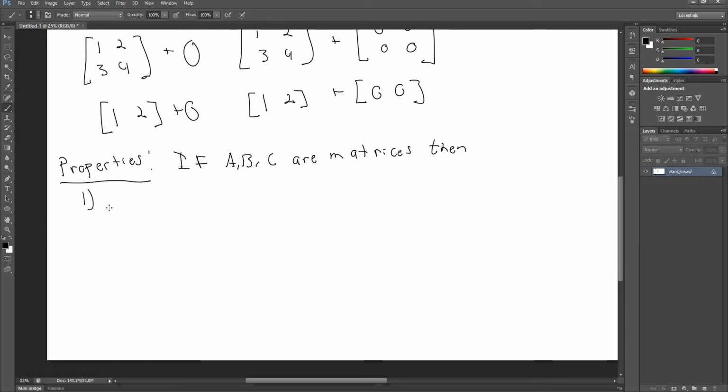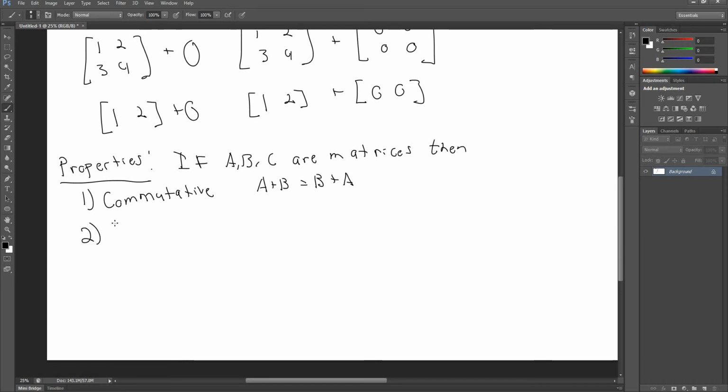We have our commutative property, which is that A plus B is equal to B plus A. We saw in a previous video that the commutative property doesn't actually hold for multiplication. So the commutative property is specific to addition and subtraction for matrices. It does not hold under multiplication.